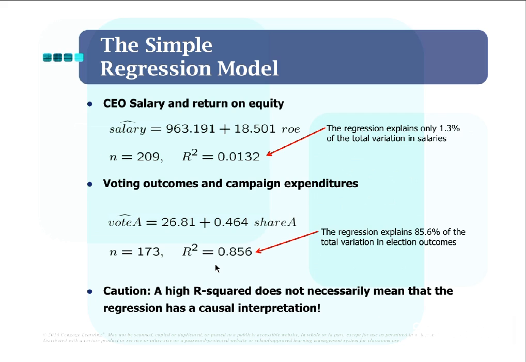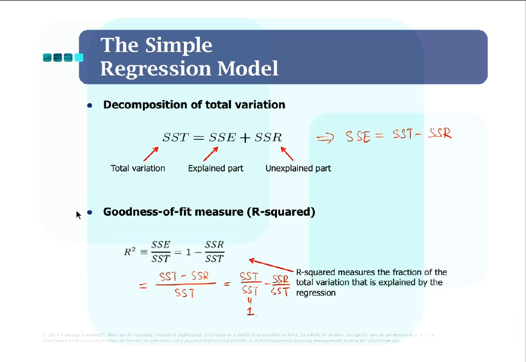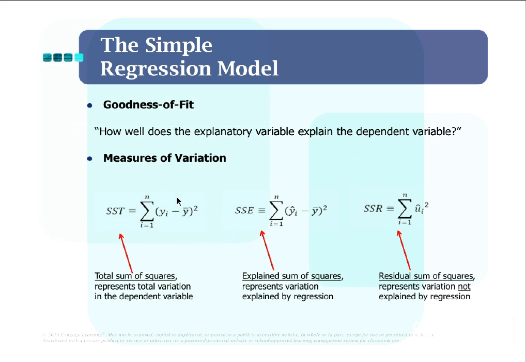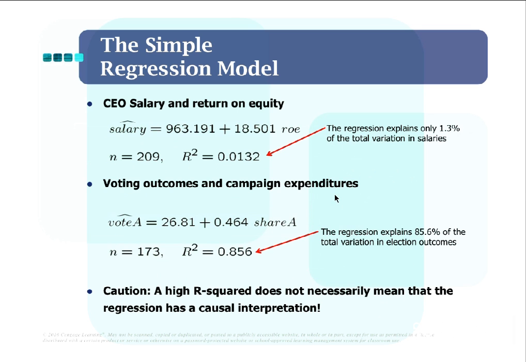If we apply this formula, and also these formulas here, we obtain that in the CEO salary and return on equity regression, the R squared equals 0.0132, which says that the regression explains only 1.3% of total variation in salaries.